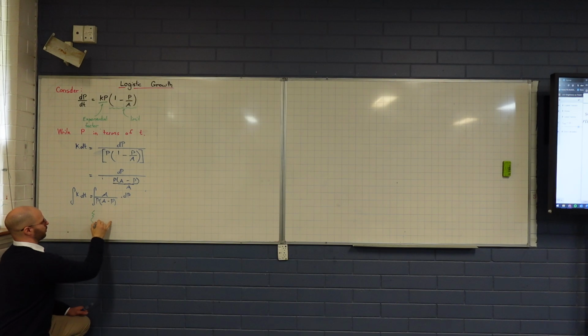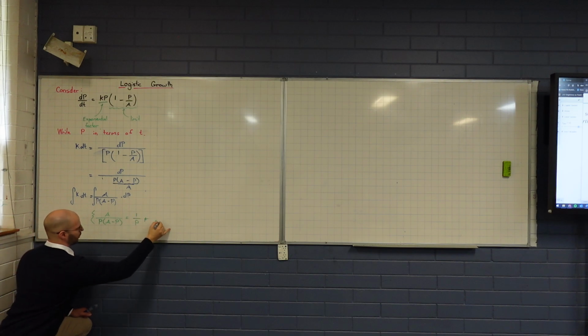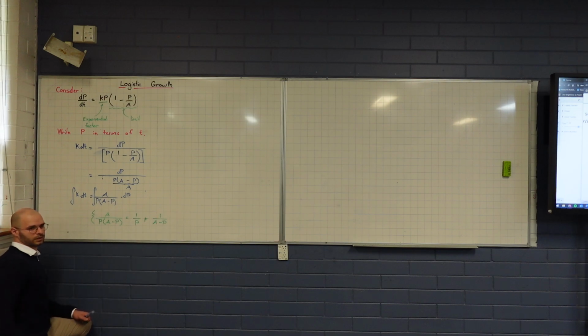If we go p, a minus p, like so, our transformation is such that we can say this is the same as 1 over p, plus, I believe it's plus, 1 over a minus p. Is that cool?